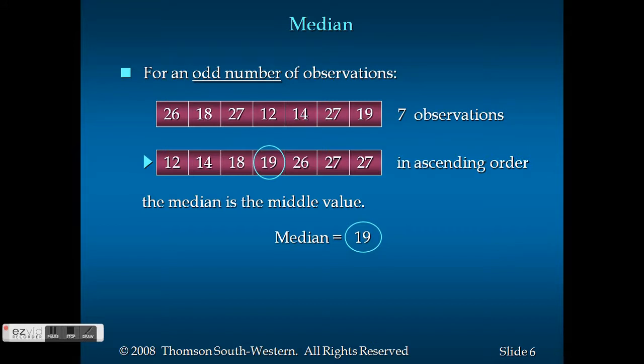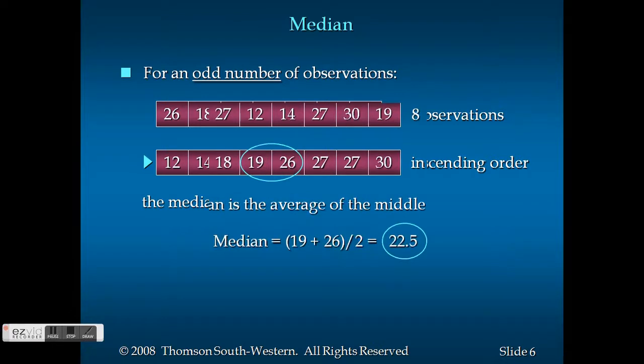Let's say that there are 71 observations, and then the middle number would be 36. And how you come up with that is you take the total number of observations, 71, divided by 2, 35.5, and then round up, 36. So that's how you know what the middle number is in a larger data set.